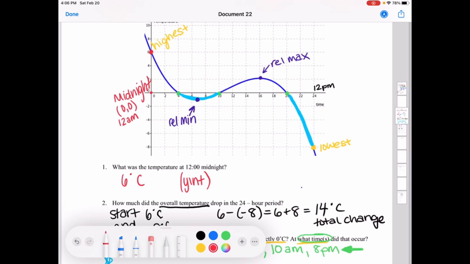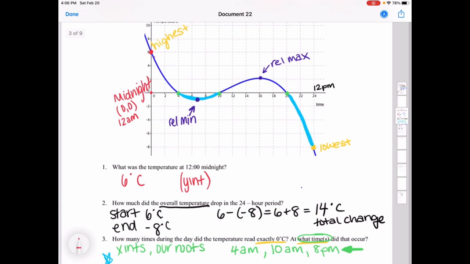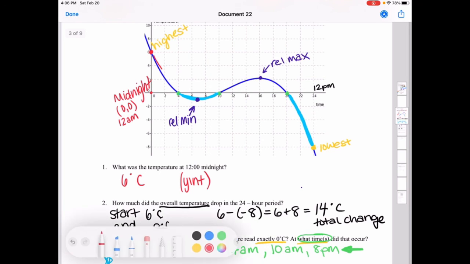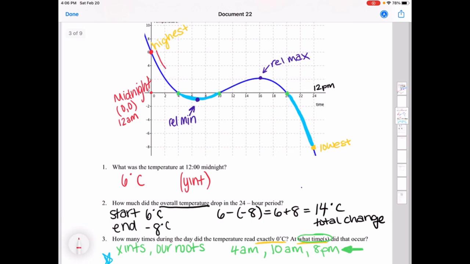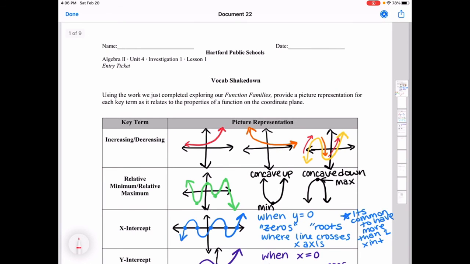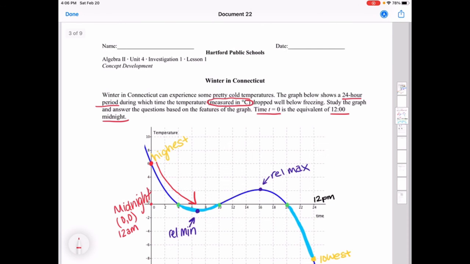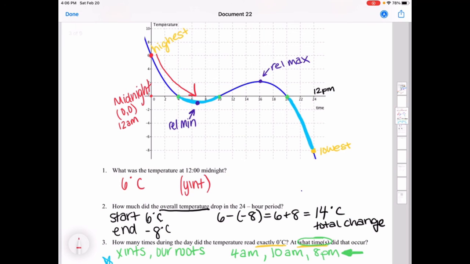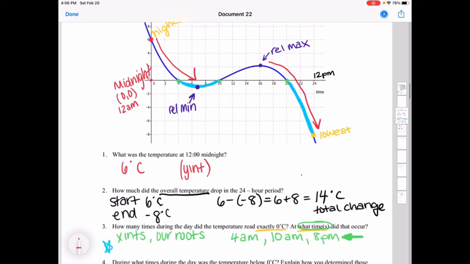So I'm going to show it with red arrows. So it's decreasing in this interval. It goes back up to increasing, and then it goes back down to decreasing. So from this point on. So these are the two areas where it's decreasing.